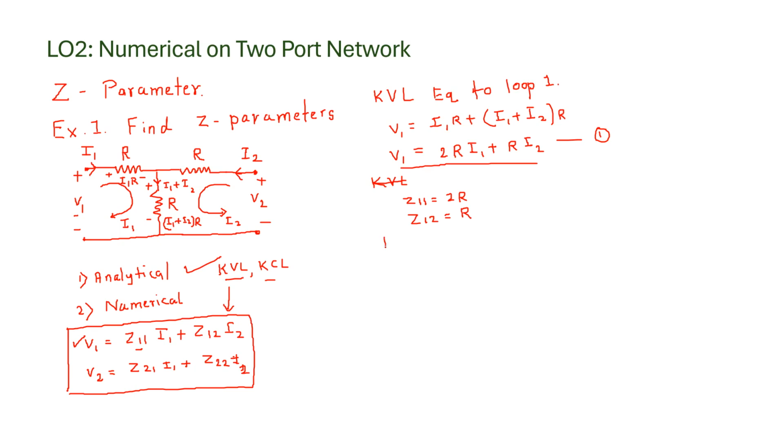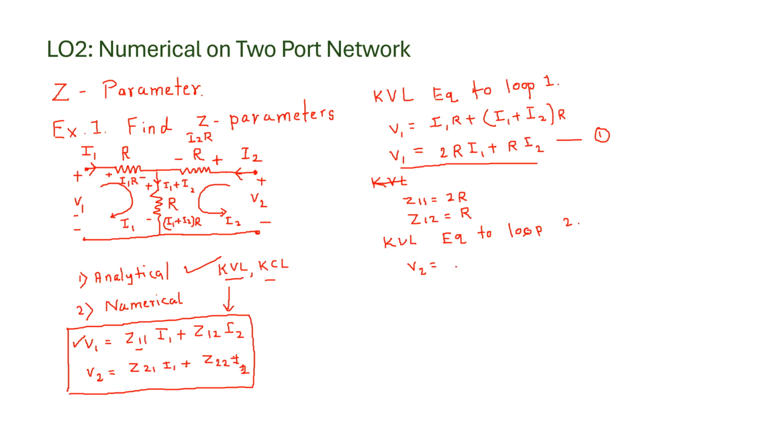Okay, now let us write the KVL equation to loop 2. We get V2 equal to, now here we will have a voltage drop I2 into R. Positive polarity will be where the current enters.